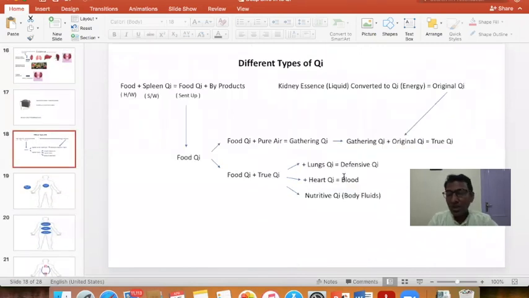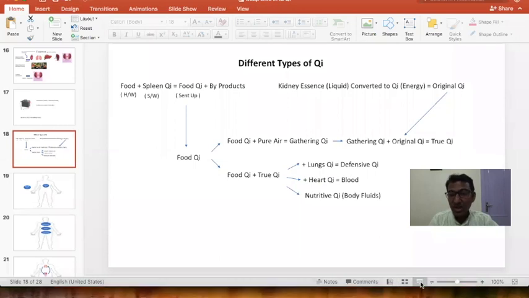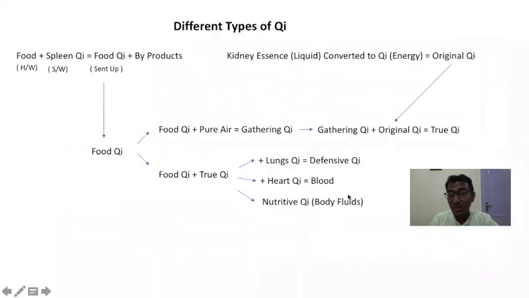Okay, so here, what is blood? If the entire body itself is having low blood, then what do I have to do? Heart qi plus food qi. Food qi means what? Food plus spleen qi plus heart qi.